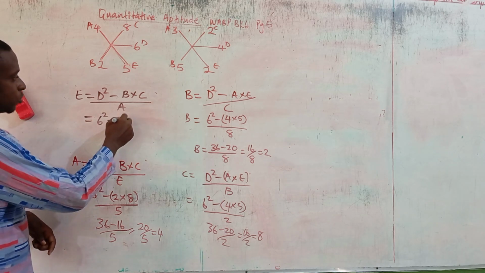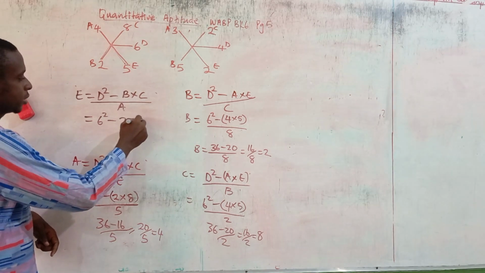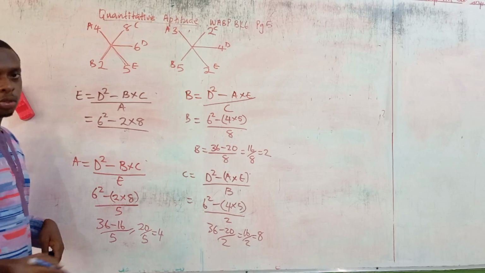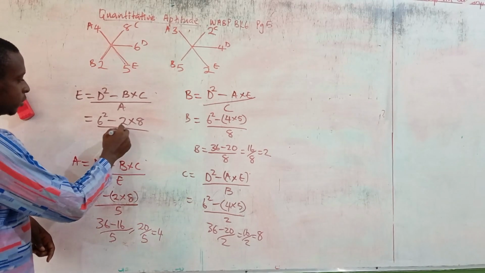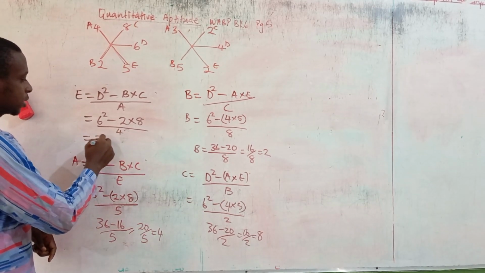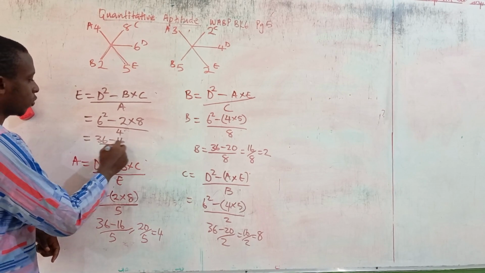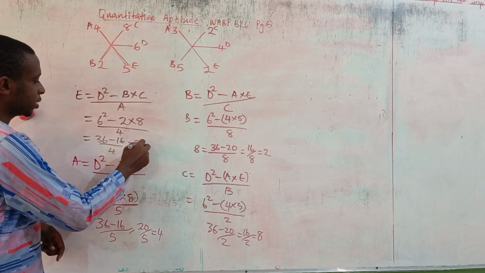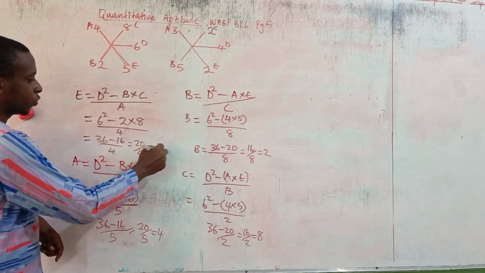Our B is 2 and our C is 8. And our A is what? Our A is 4. And so that's 36 minus 16 all over 4. And that's 20 over 4. And that's equal to 5.